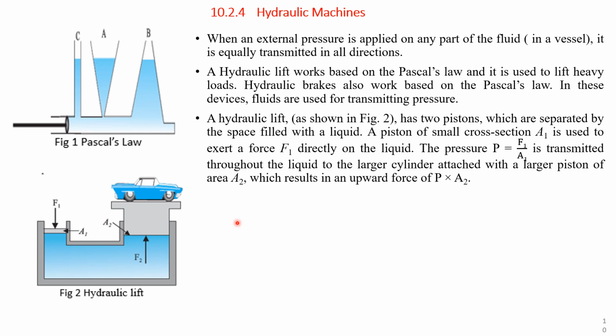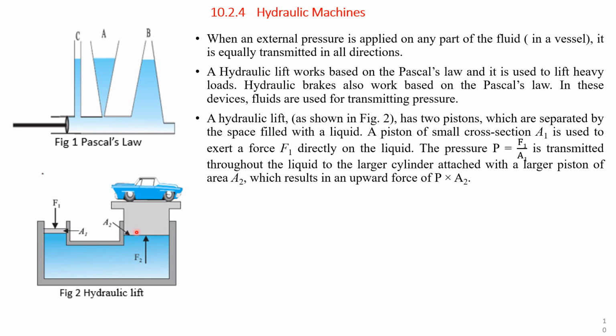A small piston of cross section A1 is used to exert a force F1 directly on the liquid. So F1 is applied on the liquid, and the pressure P equals F1 by A1, which is transmitted throughout the liquid to a larger cylinder.